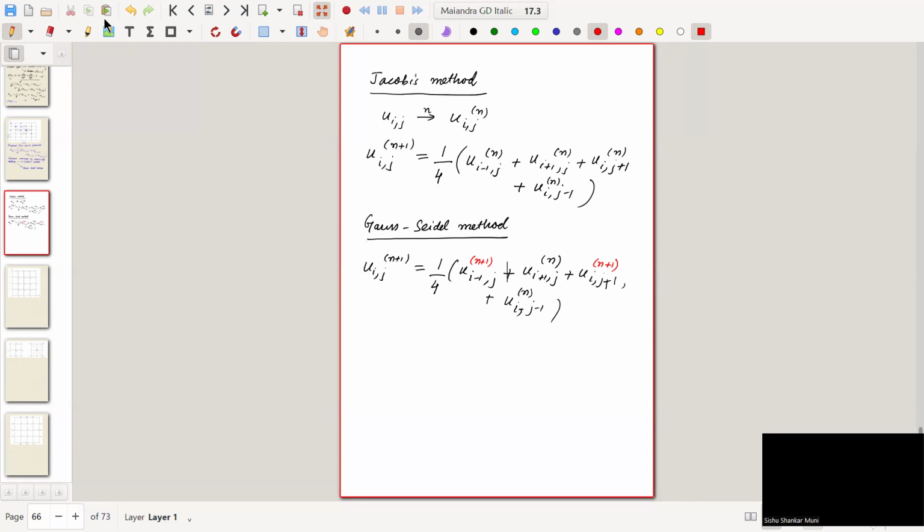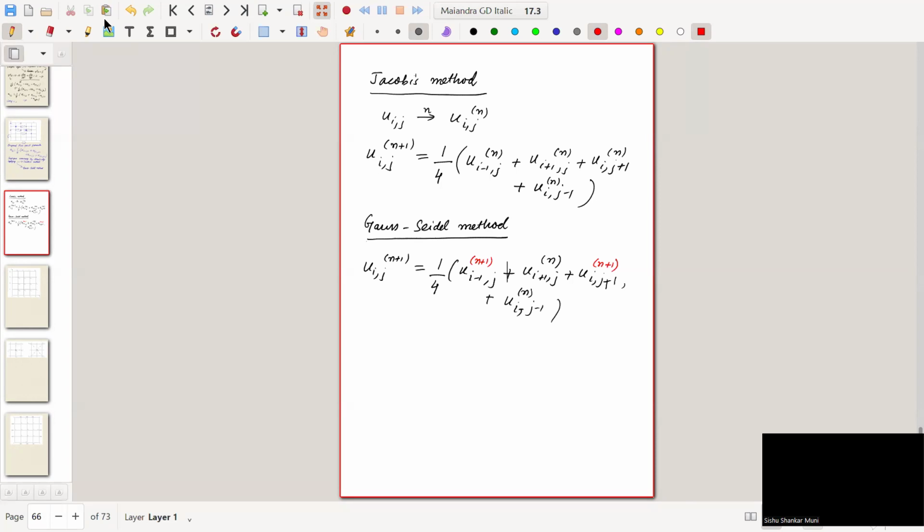Now in the Gauss Seidel method, two of them are at the n plus 1th step. Usually you can see the Gauss Seidel method converges faster as compared to the Jacobi method.